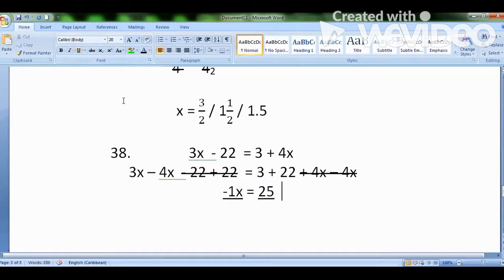Very good. So this will go, that will go. So x is equal to negative 25.